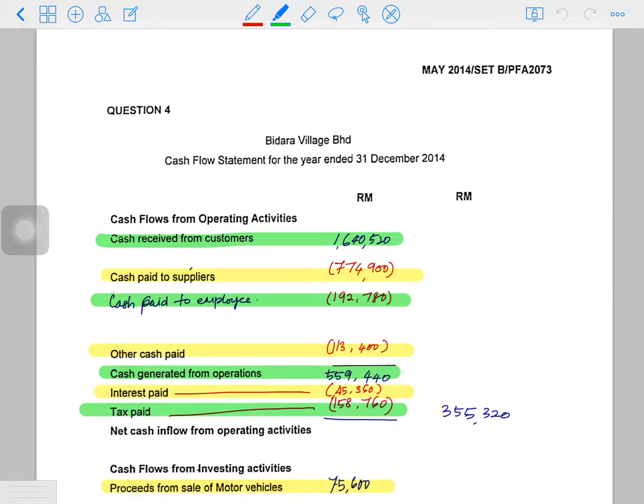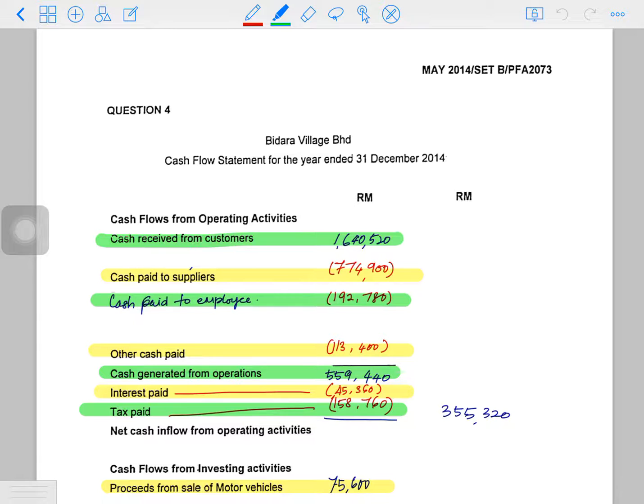So this statement is actually a tool to check whether your preparation of cash flow is correct, a schedule to make sure that your calculation is correct. Therefore, in order to prepare this cash flow, we start with the cash and cash equivalent schedule.